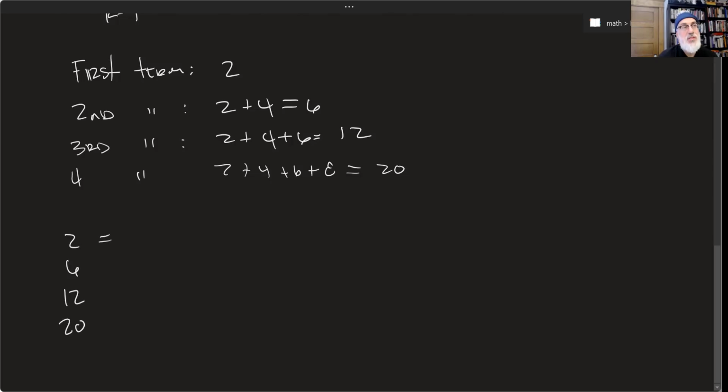We can think of this as prime factorizations. So 2 is 1 times 2. 6 is 2 times 3. Now 12, I could write it as 2 times 2 times 3, but let's write that as 4 times 3, or 3 times 4. And 20, we can think of as 2 times 2 times 5, but let's write that as 4 times 5, and so on.